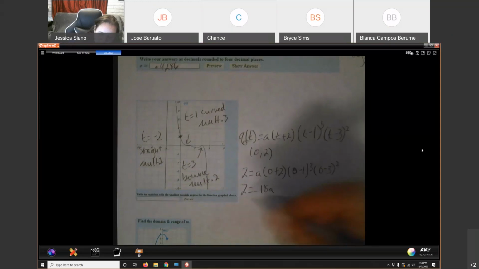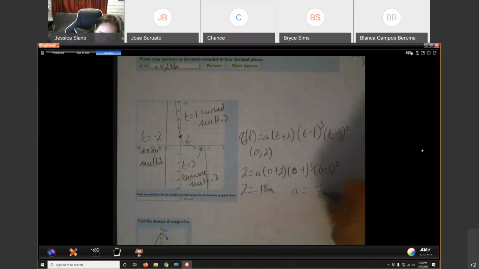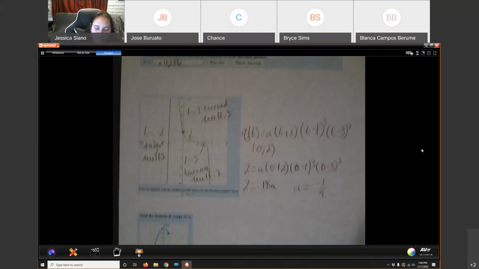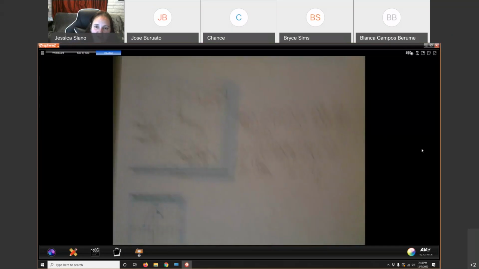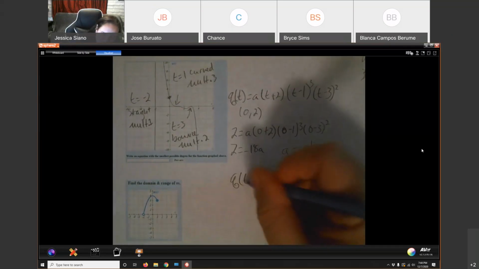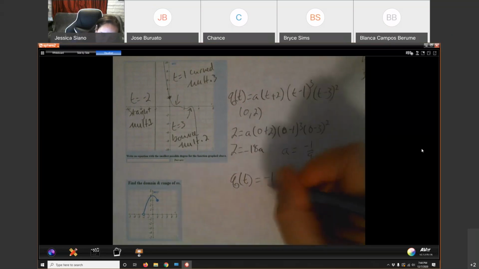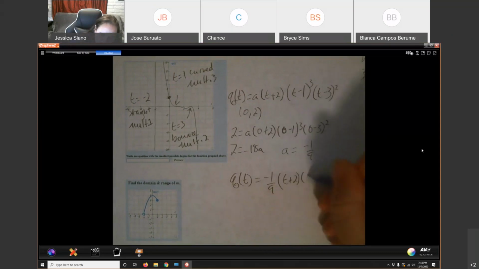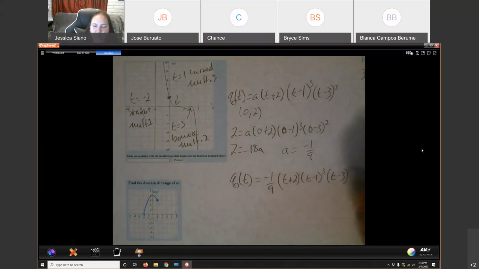Divide both sides by -18, and I'm going to get a is -1/9. Right, 2 over 18 reduces to 1/9. And so then my final equation with my correct leading coefficient will be q of t equals -1/9 times T plus 2, t minus 1 cubed, t minus 3 squared.